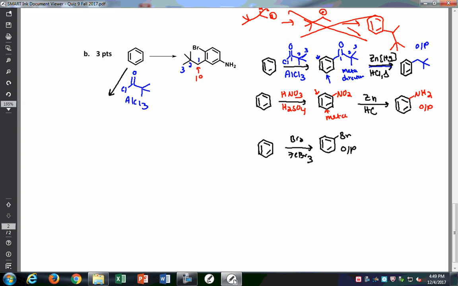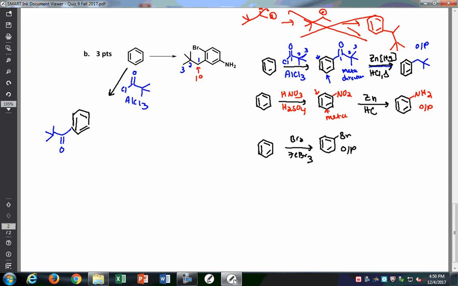If we do the acylation first, notice, and I'm just going to put it where it is in the final product, but that's irrelevant really. Notice that the NH2 group is meta to it. So we can just add the NO2 next.